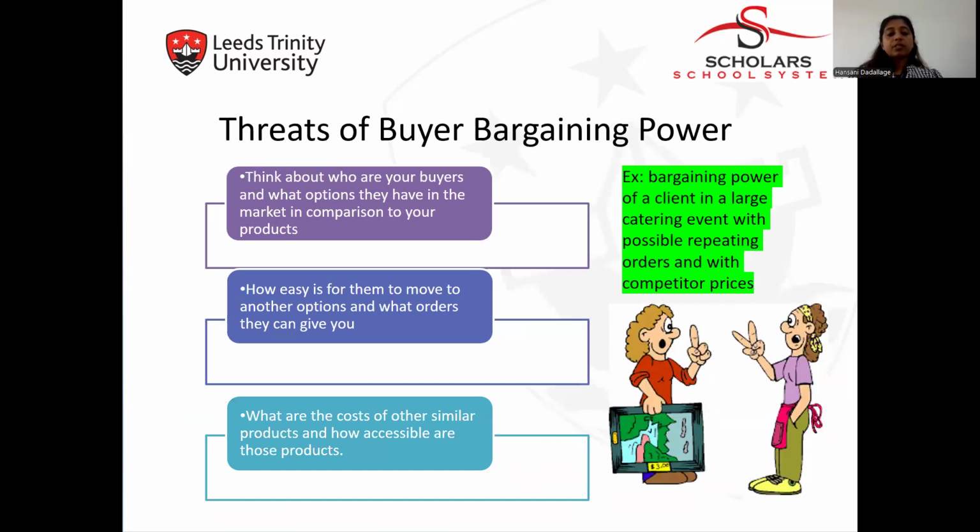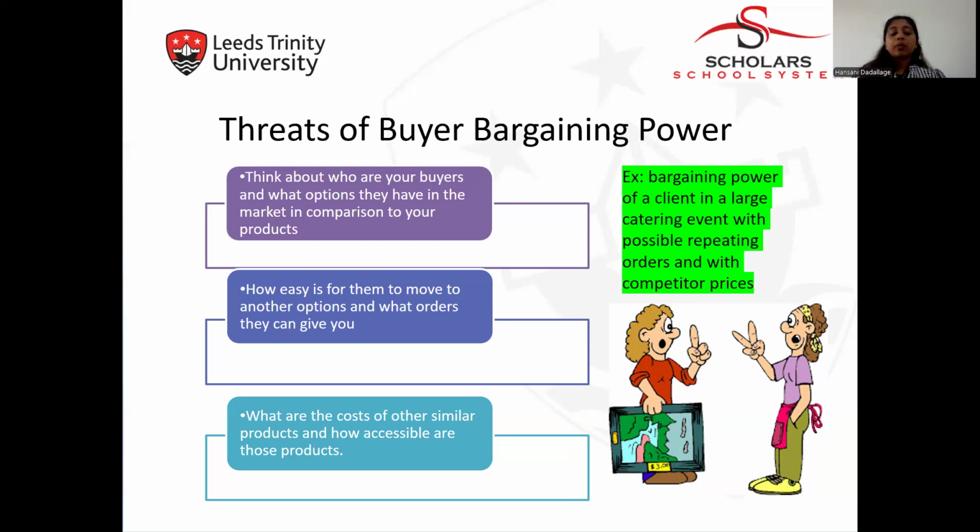The next force is threat of buyer bargaining power. Buyers or customers have a significant power in the market. So think about who your buyers are and what options they have in the market in comparison to your products, and how easy it is for them to move to other options and what orders they can give you.